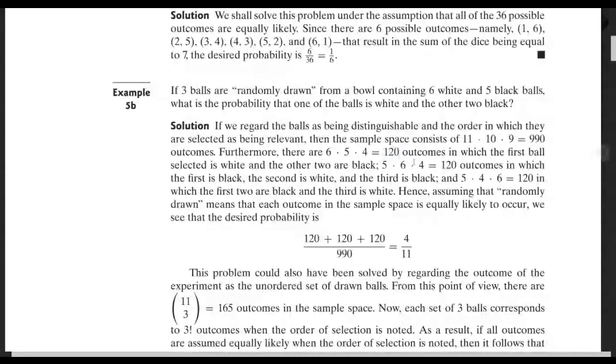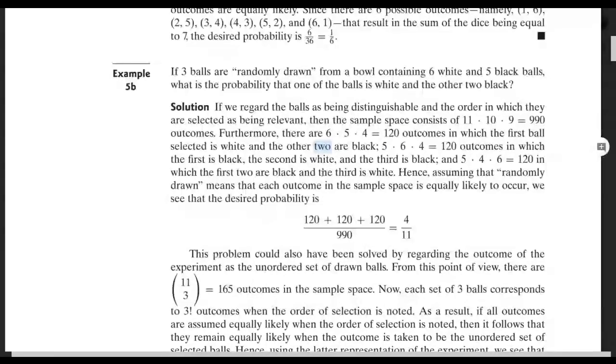If the first ball selected is white and the other 2 are black, this is for the first one, right? The first one is white, the other 2 are black. Then we have the other way. If the first is black, the second one is white, and the third one is black.